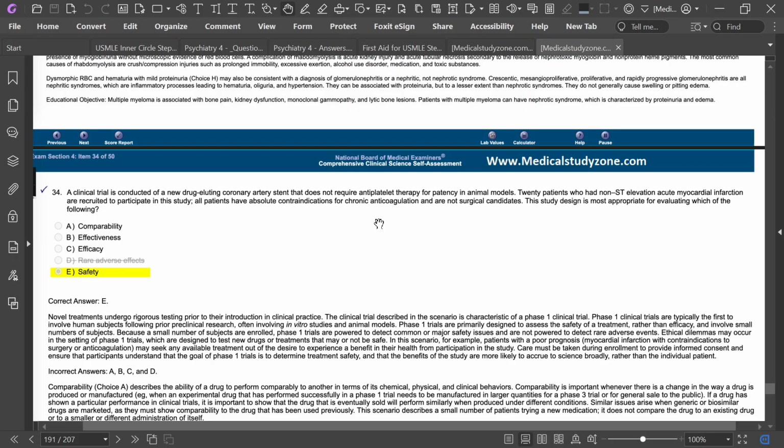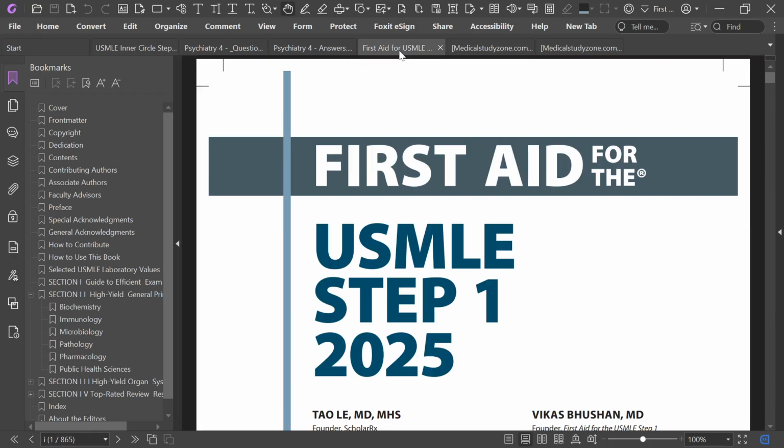Phase 1 clinical trials are primarily designed to assess safety of a treatment rather than efficacy. They involve small numbers of subjects, are powered to detect common and major safety issues, and are not powered to detect rare adverse events.